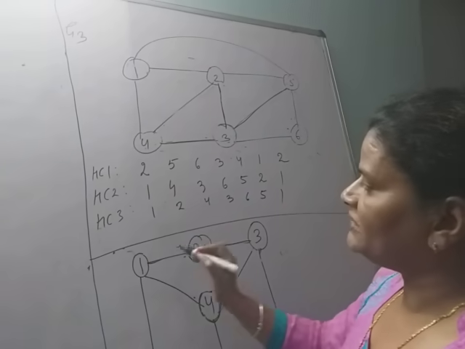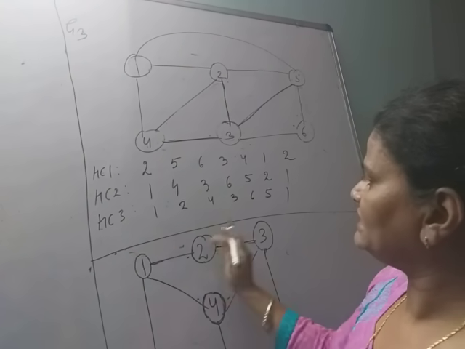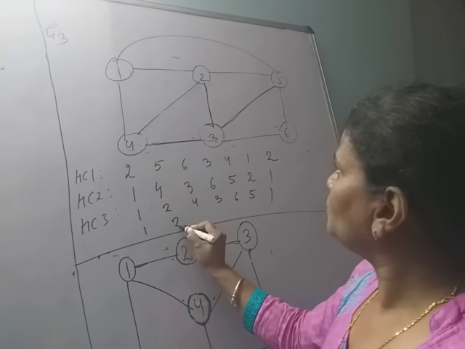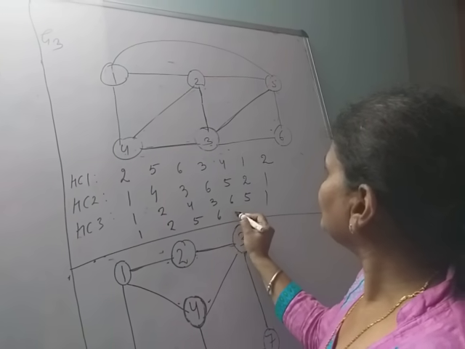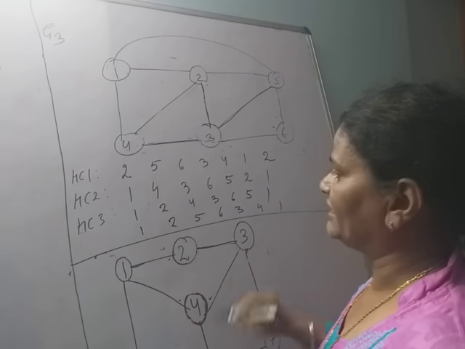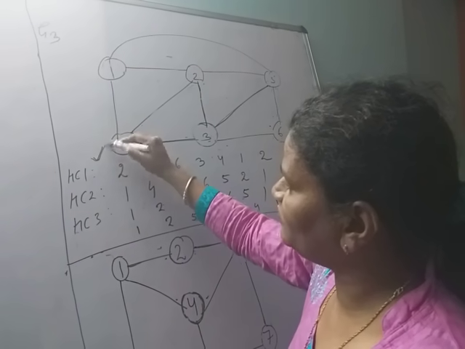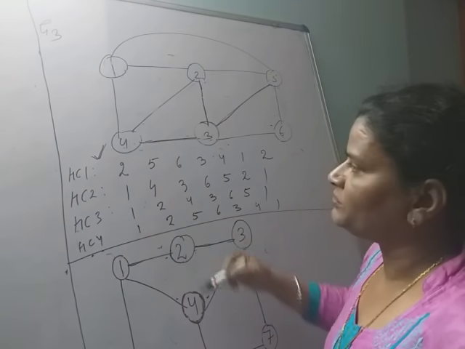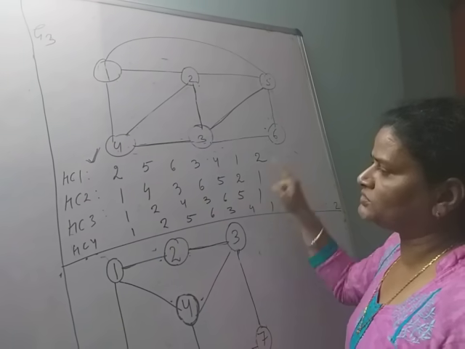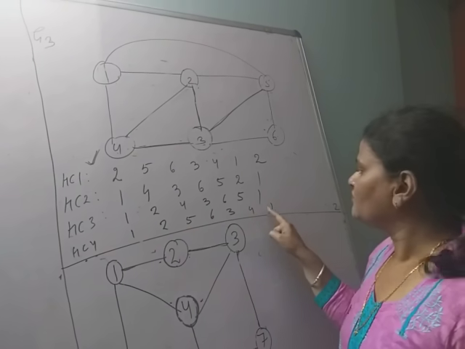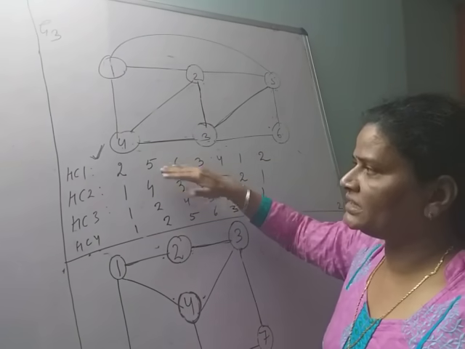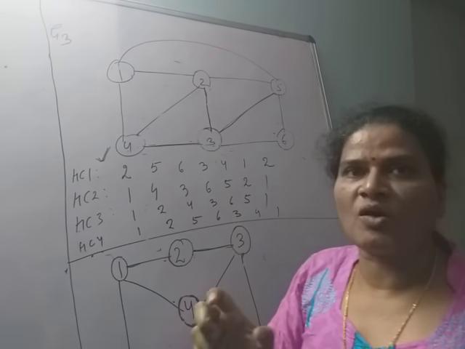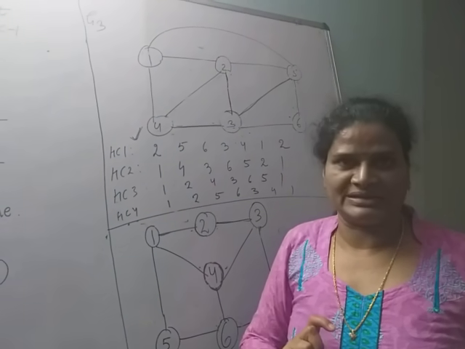Suppose we consider this one Hamiltonian cycle, 1, 2, 5, 6, 3, 4, 1. Compare Hamiltonian cycle 1 and this one. This is nothing but a permutation of 2, 5, 6, 3, 4, 1. A Hamiltonian cycle is simply a permutation of the n vertices.